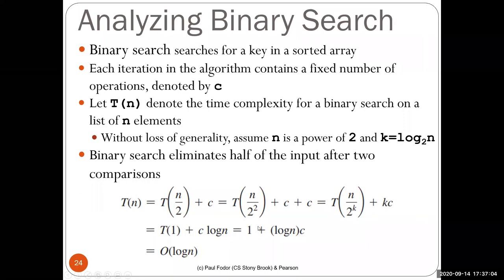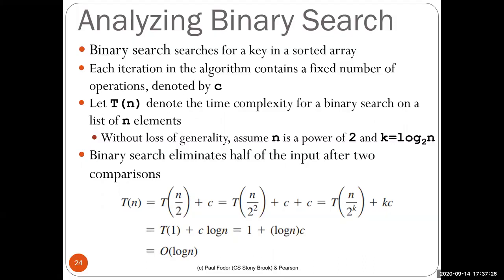And again, if you eliminate the non-dominating terms and the multiplicative constants, you are left with O of log base 2 of n. So for binary search, you reduce the space by half at every step, and that guarantees that in logarithm base 2 of n, you will find the element. Okay?